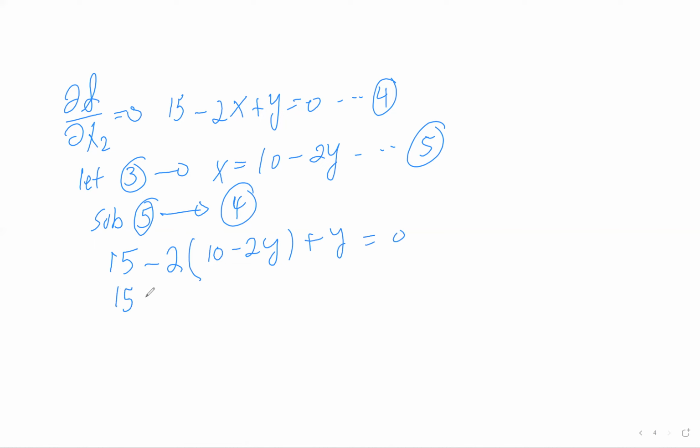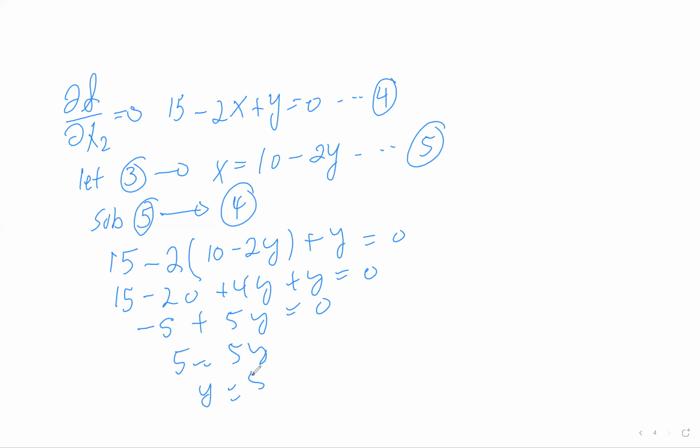So we have 15 minus 20 plus 4y plus y is equal to 0. It's minus 5 plus 5y is equal to 0. 5 is equal to 5y, and y is equal to 5 over 5. Therefore, y is equal to 1. So now we solve for y is equal to 1.